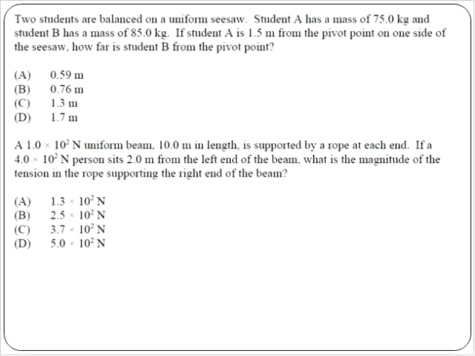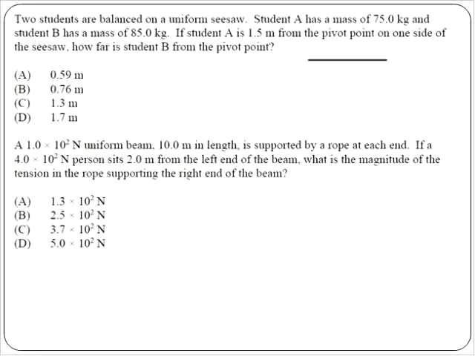These types of problems generally take a little bit longer than a simple torque calculation, because you may have 2 or even 3 torques in the same calculation. In this one, we've got 2 students balanced on a seesaw. Let me draw a real quick diagram.